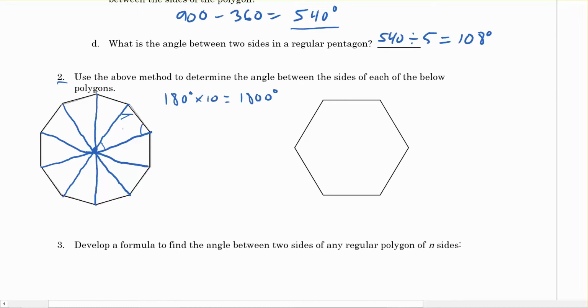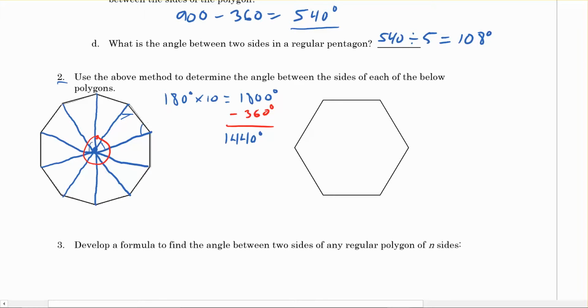Then I don't really care too much about the inside angles, and I know all the inside angles together have to add up to 360. So I'm going to subtract 360 degrees from that. So I'm left with 1440 degrees. So remember where we're at now? This is going to be the angle all the way around the outside.